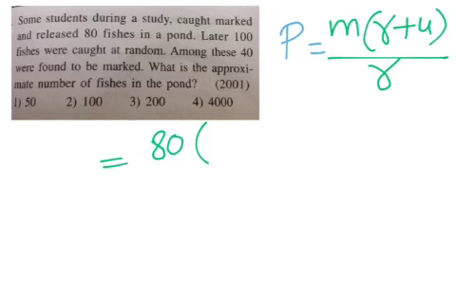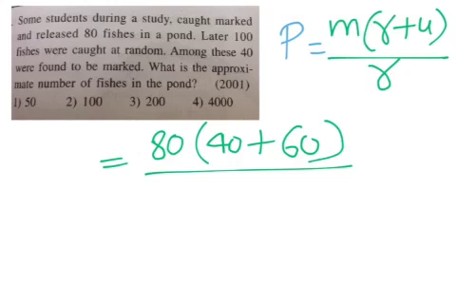Then R, recaptured and marked, is 40. In the second trap we got 100, but in them 40 are marked, so unmarked fishes, 100 minus 40, we get 60. So 80 into 40 plus 60 by R again, that means 40.